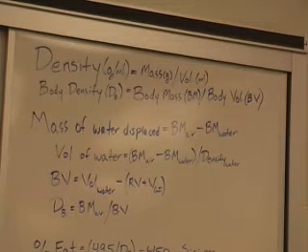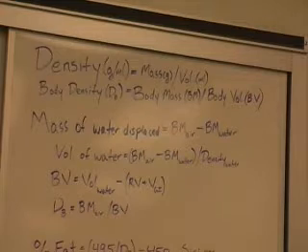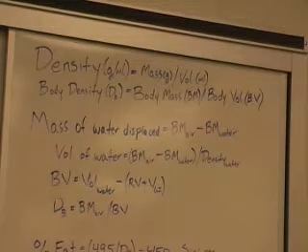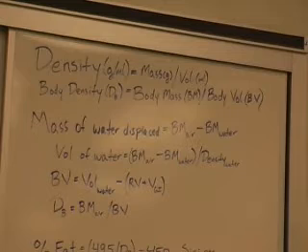So we know, therefore, that the mass of the water displaced is the body mass in air minus your body mass in water. And from the mass of the water displaced, we can use the equation for density to get the volume of water displaced.